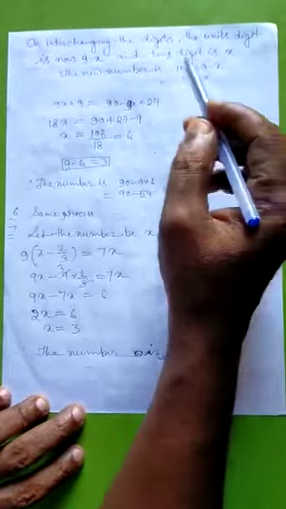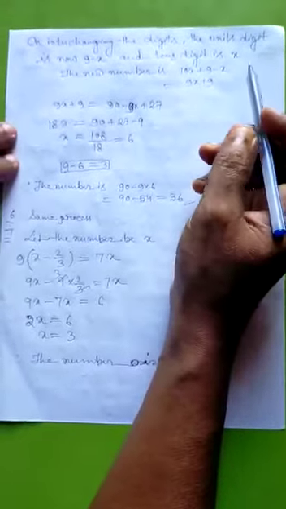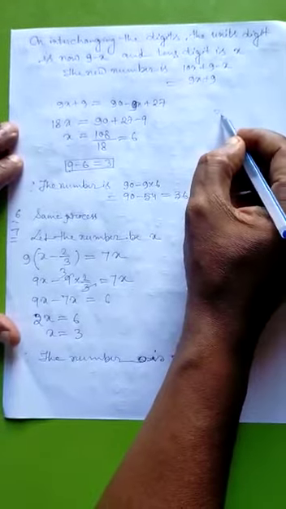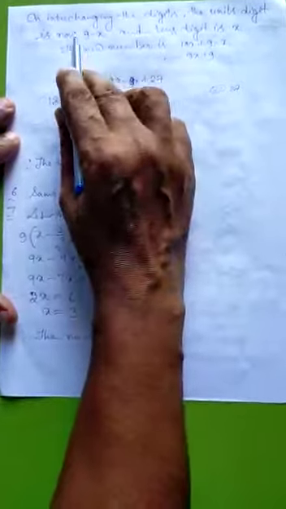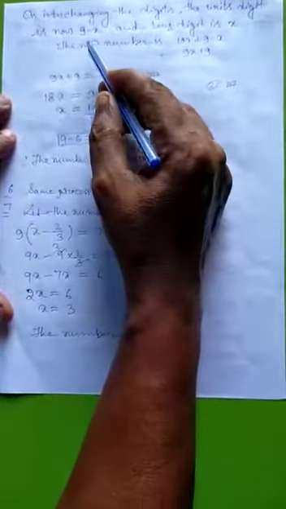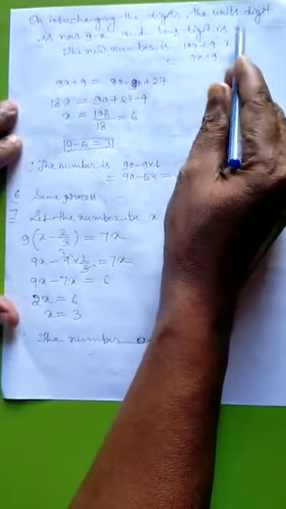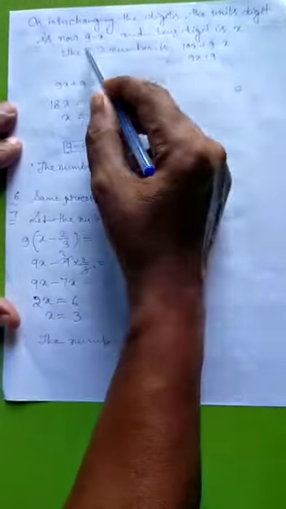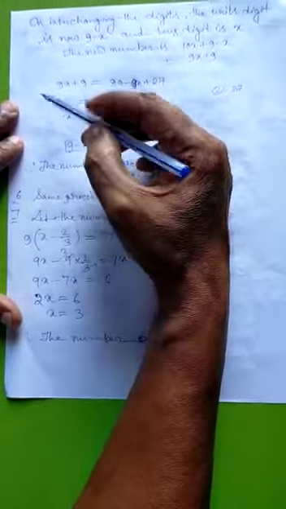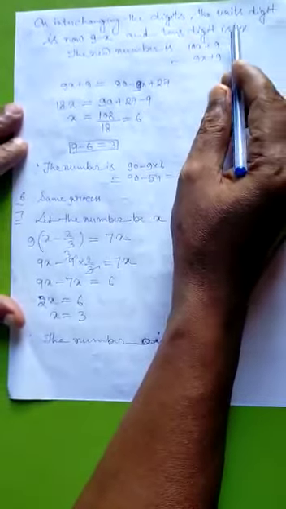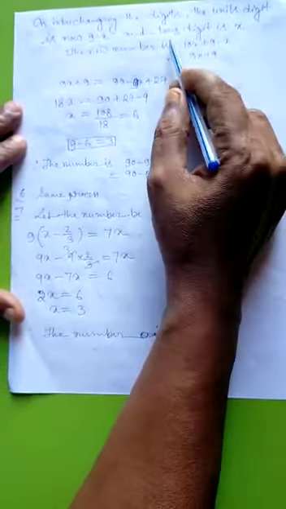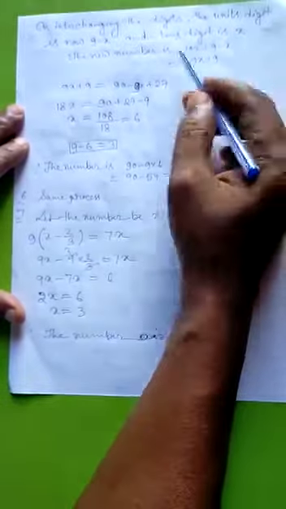Now on interchanging the digits, suppose we had 72, if you interchange this, it will become 27. Same way, on interchanging the digits, the units digit is 9 minus x. There you got x, here 9 minus x. And there x was units, now tens is x. Exchanging it.